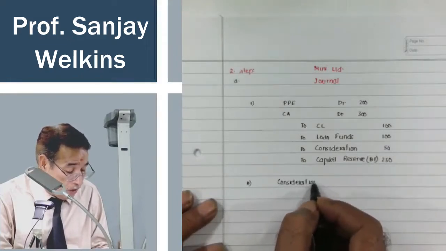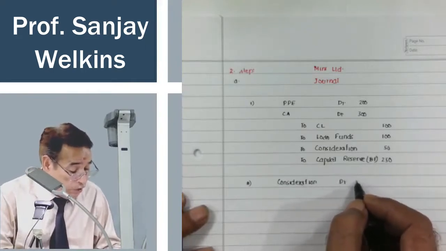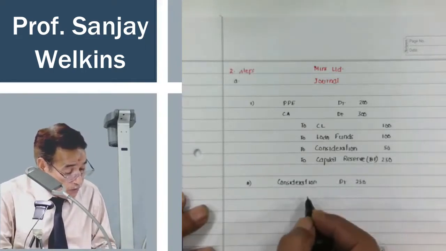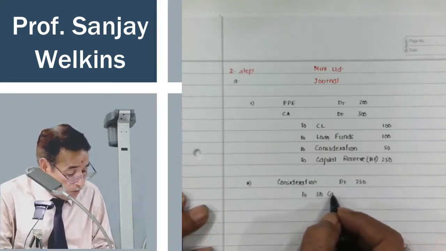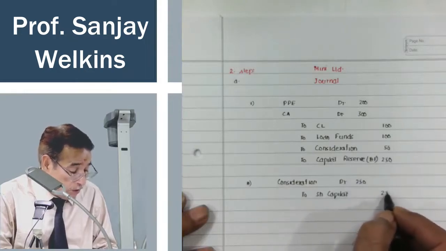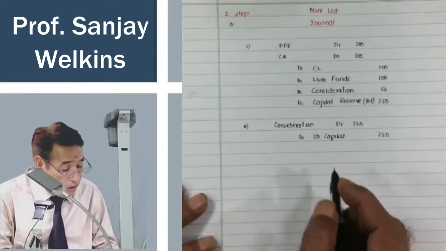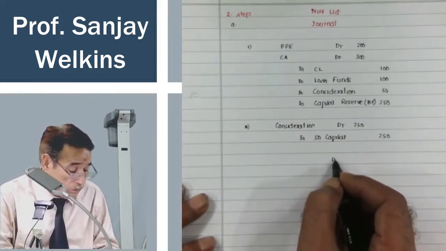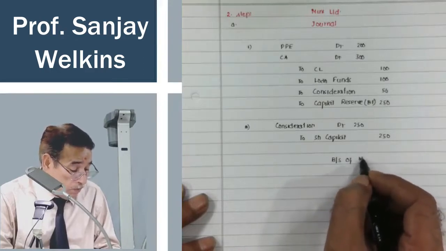How much consideration they are supposed to pay? That is 250. So 250 I am going to write. And for the same they are issuing share capital. They are issuing shares, 250. Now we can prepare the balance sheet also. Balance sheet of Mini Limited.